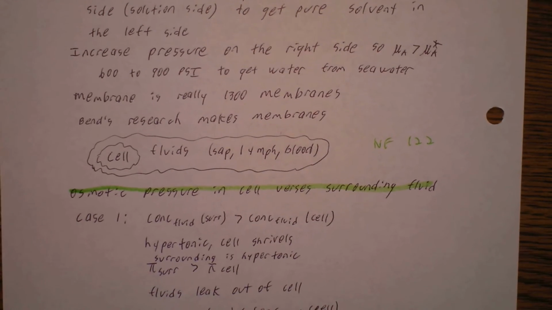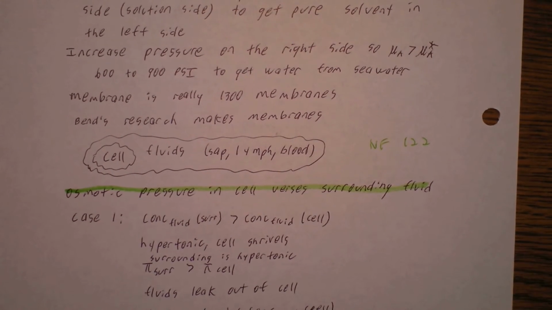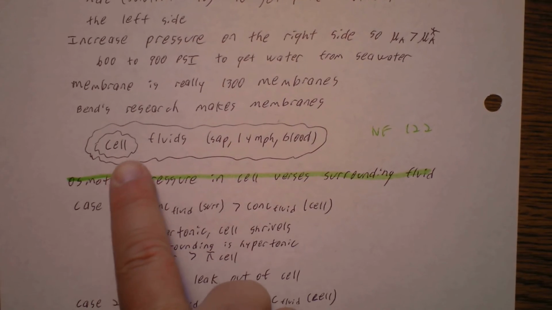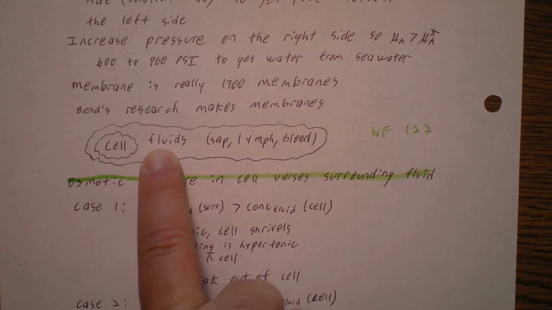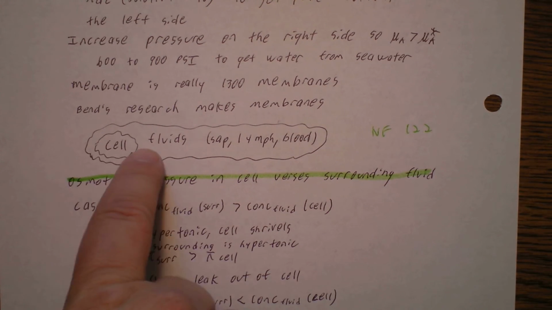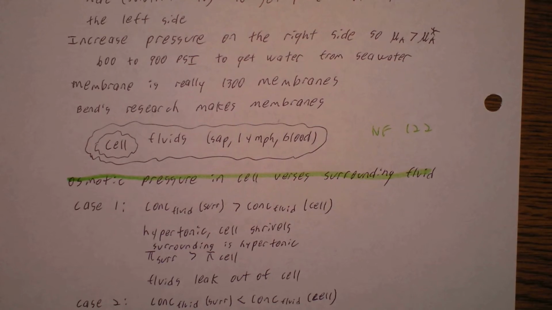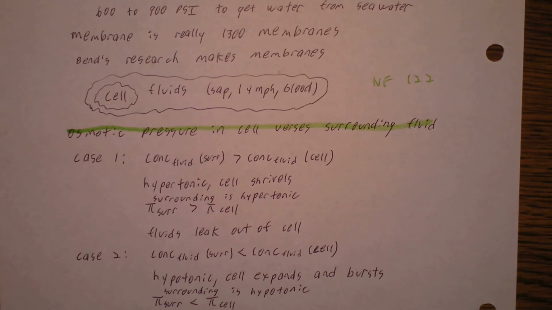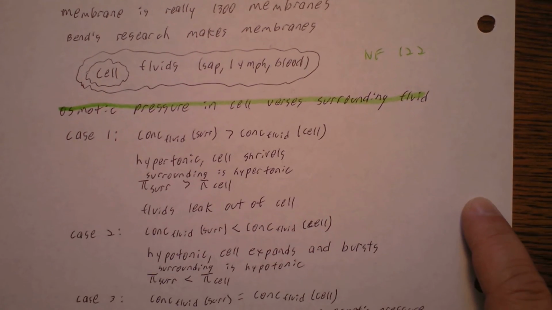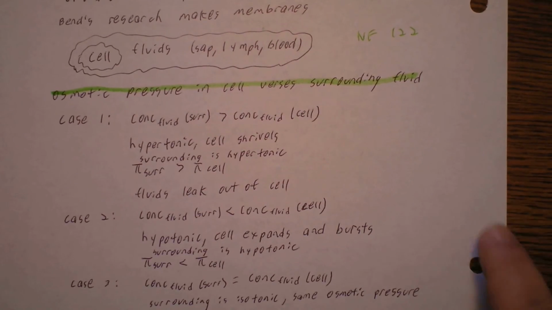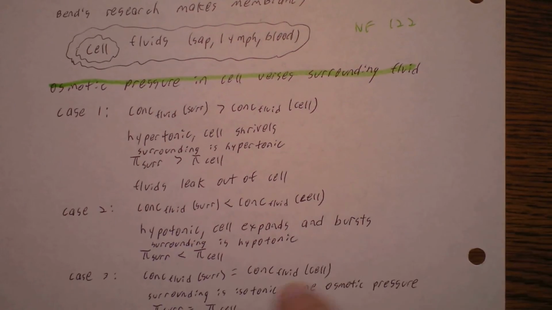Now, here's another example for those of you who are interested in biology. Let's say that we have a cell, and then your cell is surrounded by fluids. Like it could be tree sap in the case of a tree, it could be lymph or blood, whatever the type of cells are. So your cell can experience this osmotic pressure too. Now there are three possibilities here.